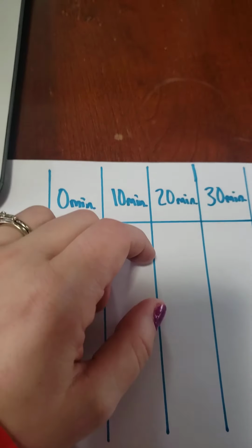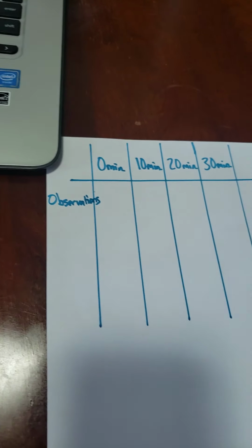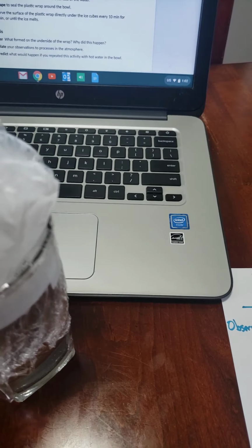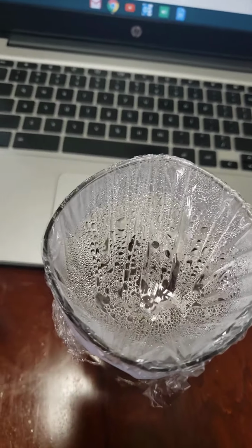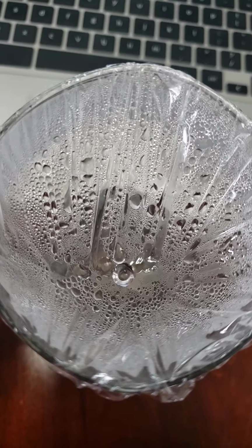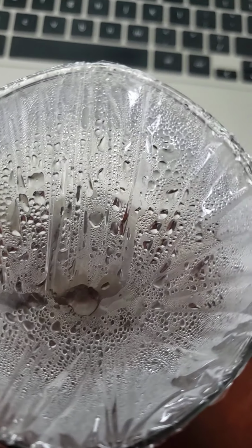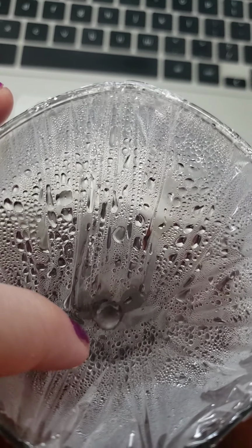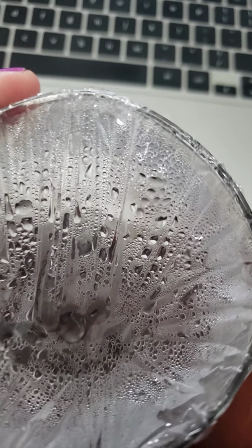All right. If you're keeping track of the observations, this is going to go in at your 20-minute mark. All right, so here's what's going on underneath this bag of ice. Again, this is dry. It's the underside of the plastic wrap that actually is collecting the water droplets.